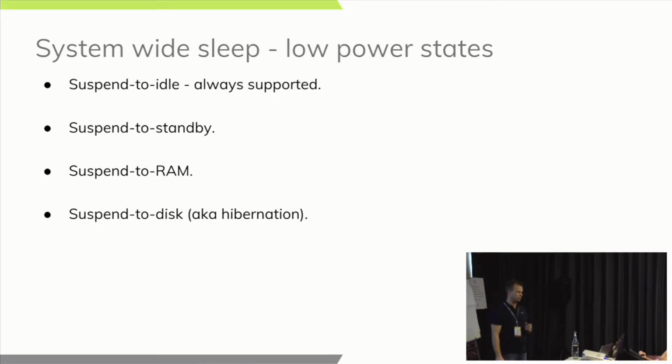There are a lot of common parts in the flow of how we enter these states, but there are also quite some differences, of course. The most common one that people are aware of is suspend to RAM. At least in the ARM world, that's the most commonly used.